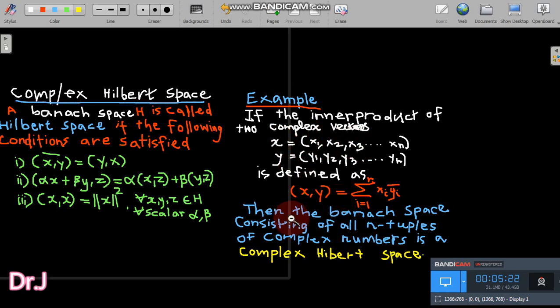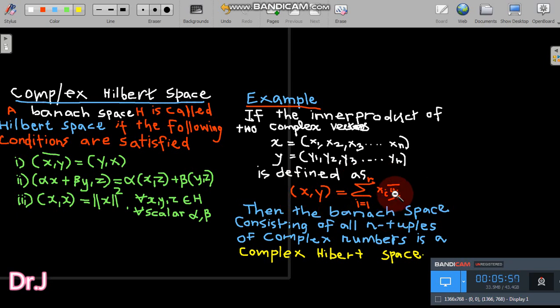Then this Banach space of all n-tuples of complex numbers becomes a complex Hilbert space, but we have to define the inner product as the sum from i equals 1 to n of xi times yi conjugate.